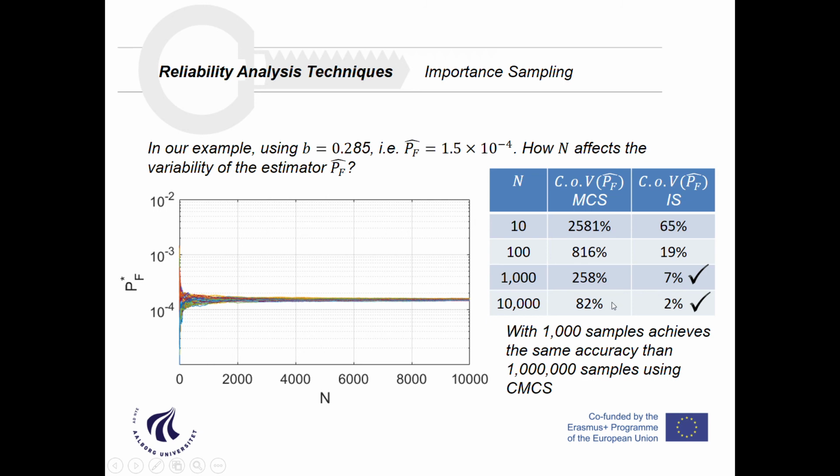So we can see that, for example, with 1000 samples in importance sampling, we already achieve the 10% threshold of acceptance versus 258%. So basically, 1000 samples achieve the same accuracy as 1 million samples using Crude Monte Carlo simulation.